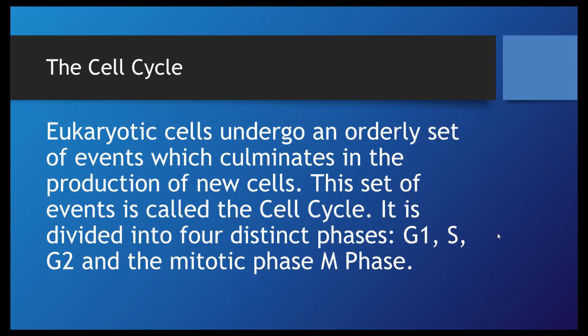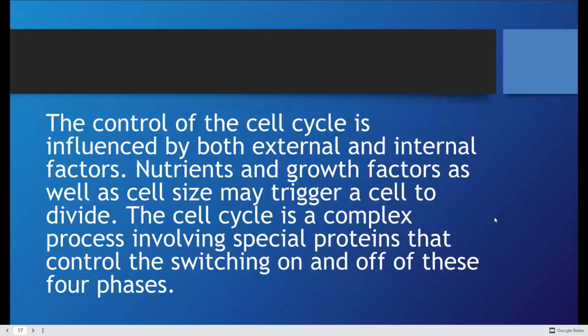Let's move forward. The control of the cell cycle is influenced by both external and internal factors: nutrients and growth factors, as well as the size of the cell, which may trigger a cell to divide. The cell cycle is a complex process involving special proteins that control the switching on and off of these four phases.